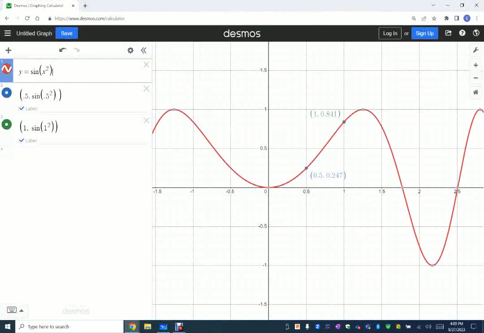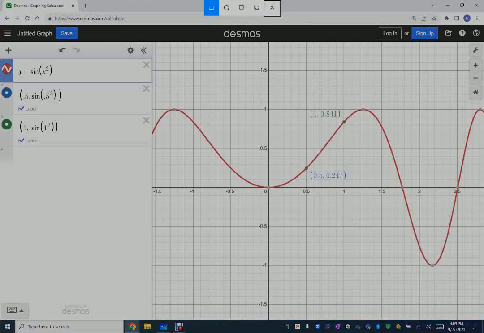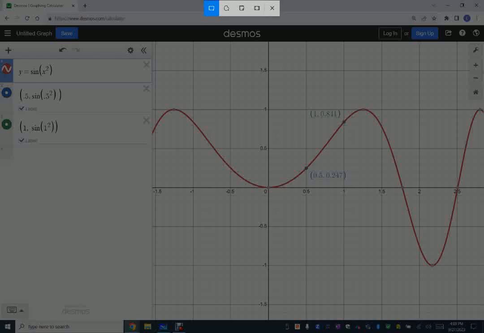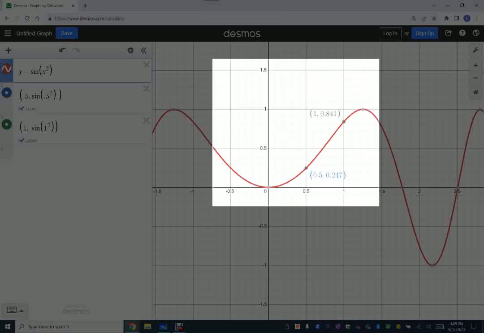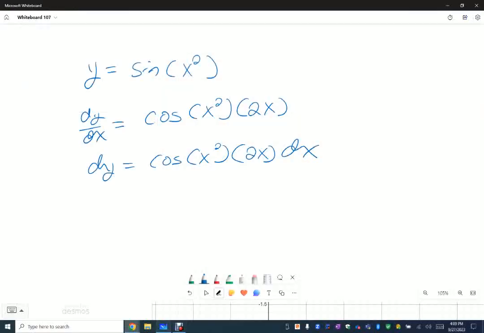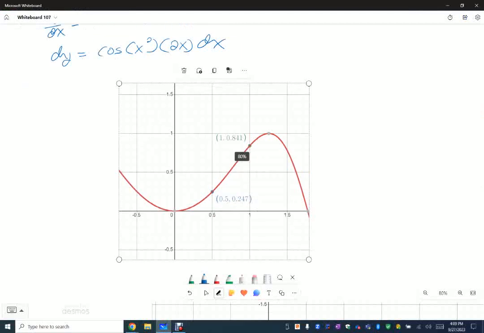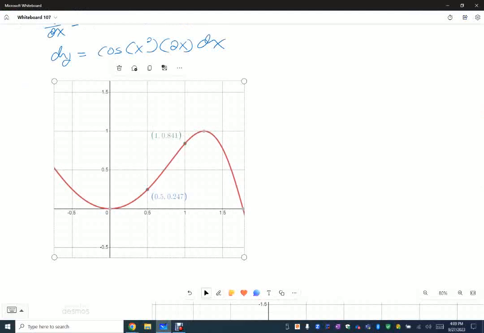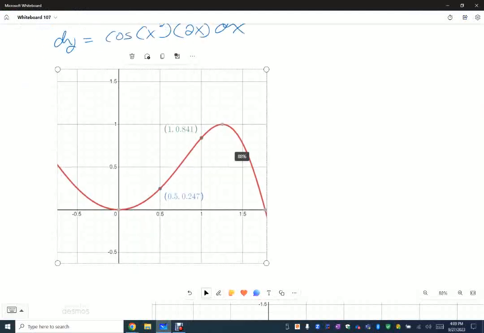These points are labeled on my graph, and we're going to talk about what's happening in between these two points. So let me take this picture so that I can write on it and get a visual here. Okay, so there's my graph.